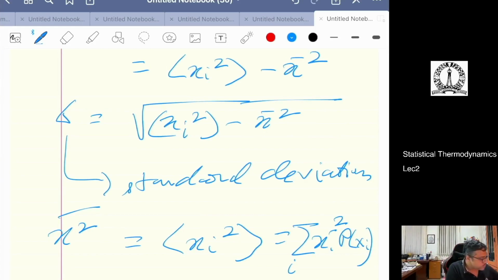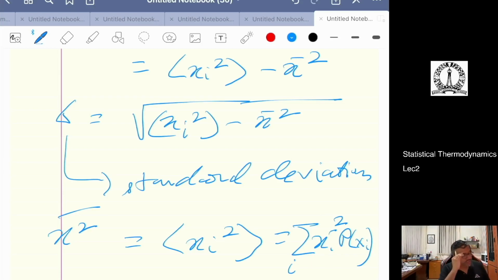Okay. So now consider a case with a more realistic distribution, where the number of students, which in this case was rather small, is very large, right?